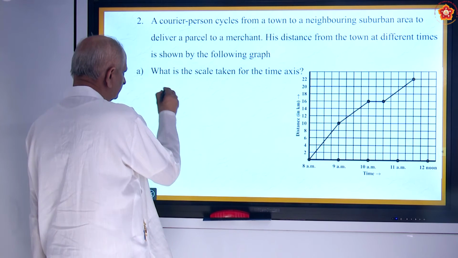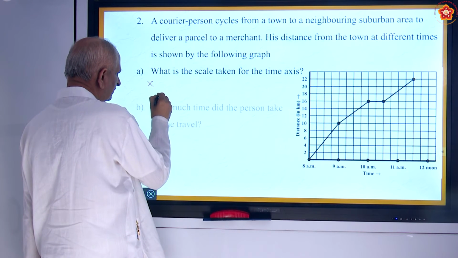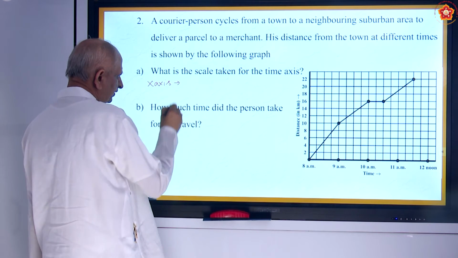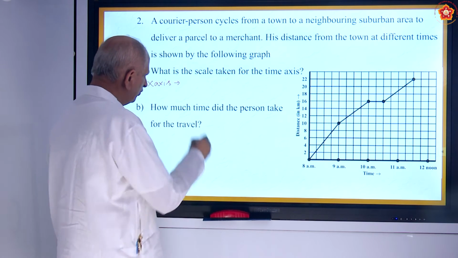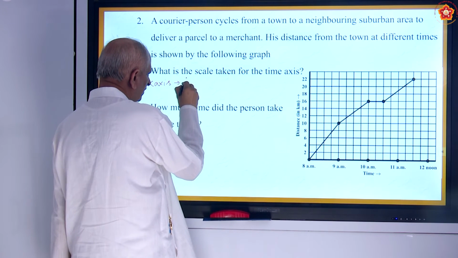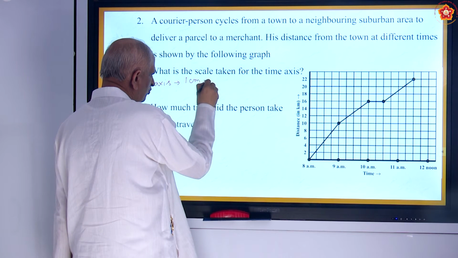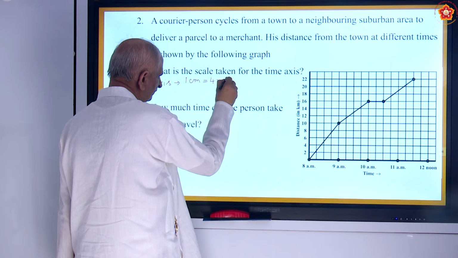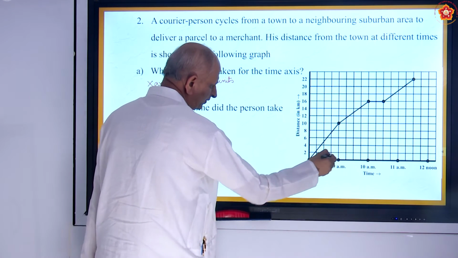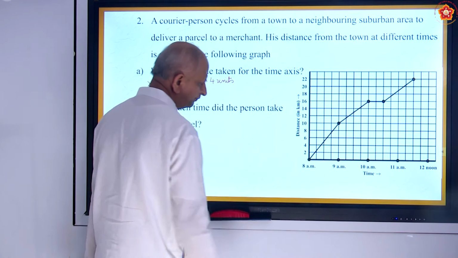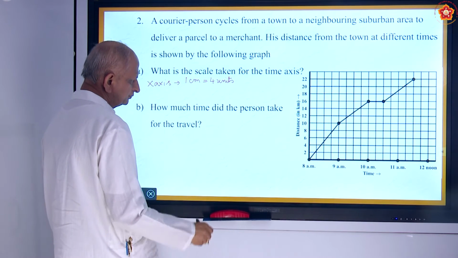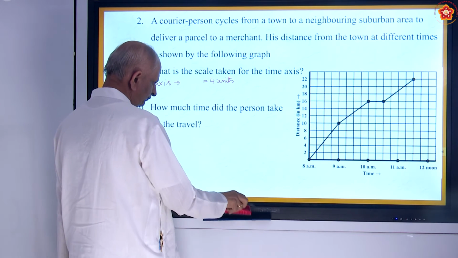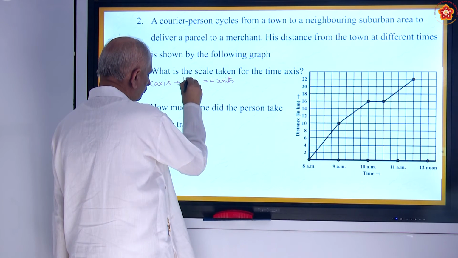So, here in x-axis, the scale taken is 4 divisions. 1 centimeter is equal to 4 divisions, or 4 units you can say. 1, 2, 3, 4. 1 hour. So, it is not 1 centimeter, it is 1 hour. So, 1 hour is equal to 4 units.